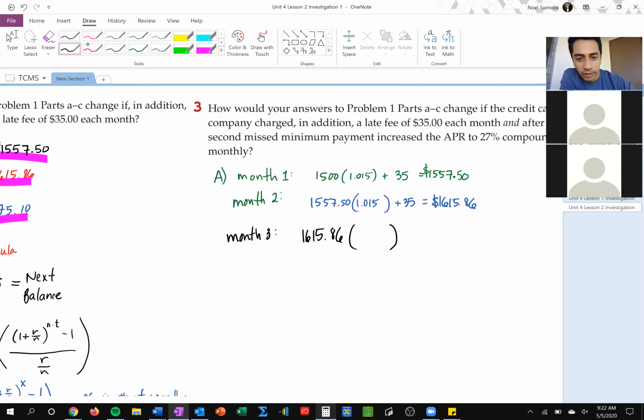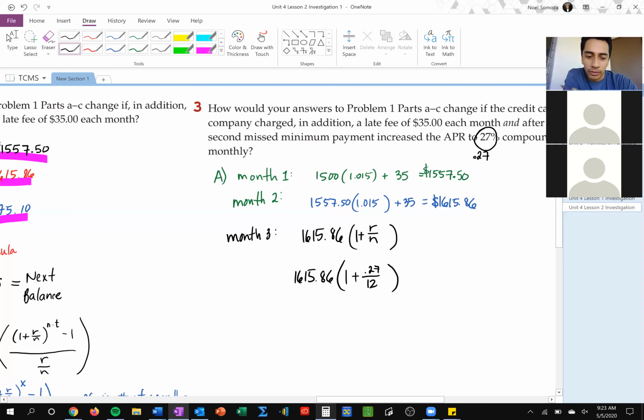So we know that anytime you're multiplying here, it's 1 plus the rate over the compounding period. In this case, the rate has now changed because it's up to 27%. So for us, that's going to become 0.27 for the R value. 1615.86 times 1 plus 0.27 divided by 12, because it's still compounded monthly.